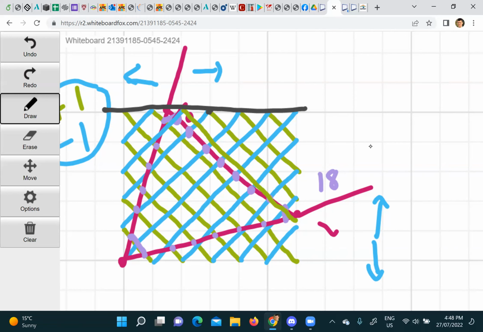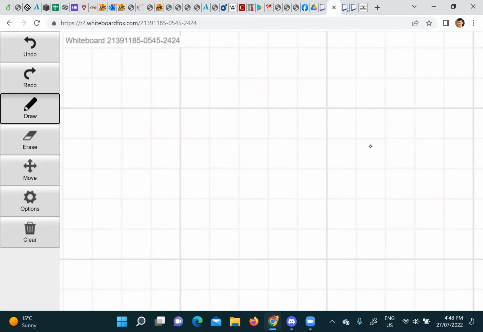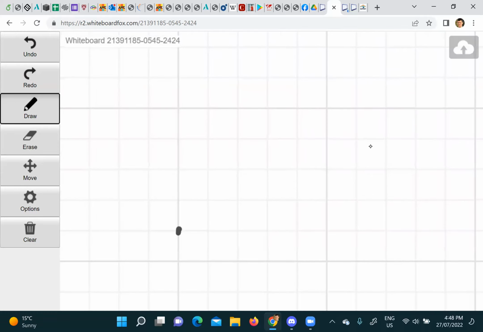If you had 20 squares, how many blue lines and green lines would you have? So if it's 5 by 4, if we change the question up, maybe you start here, and you have green first.